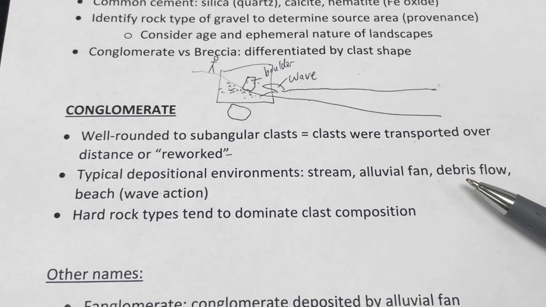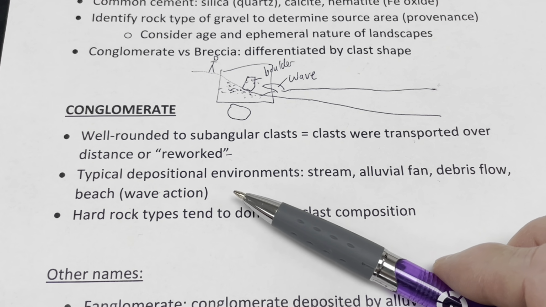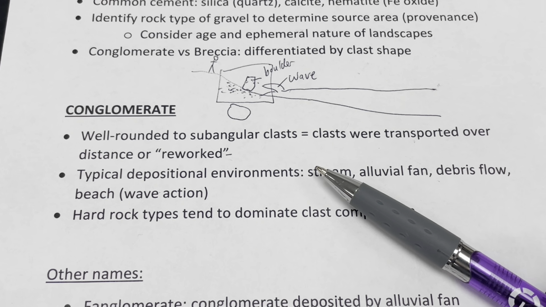Maybe debris flows, which is kind of a slurry of sediment and water, usually precipitated by a heavy rainstorm event. And then beach, kind of like what we talked about right here with the wave action. Again, there might be others as well, but this is just sort of a few I chose there.